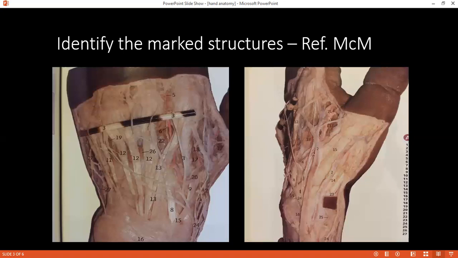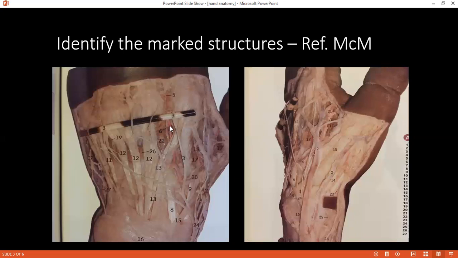Can you identify number 8 over here, in the left-hand side image? Pass. Okay, if you can identify number 6 here.